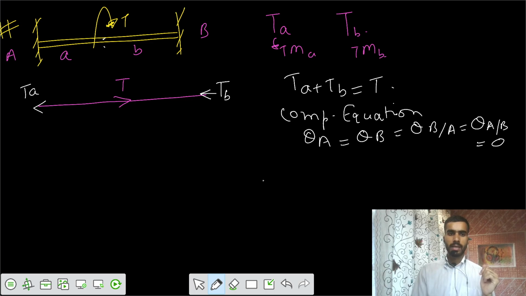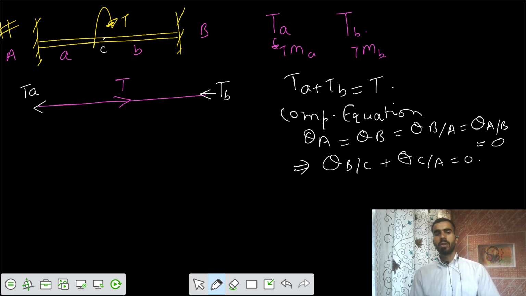Let's call this point C. We can say theta B with respect to C plus theta C with respect to A equals 0.